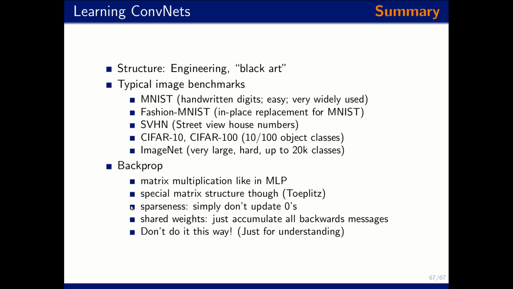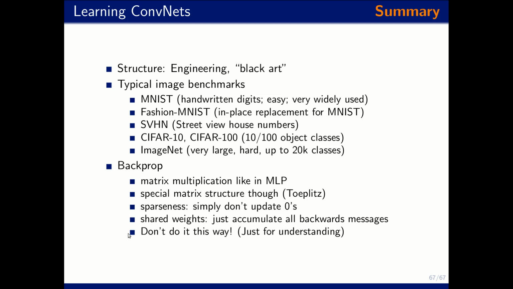And this Toeplitz structure is sparse, but we can simply respect this in learning, so just don't update the zeros. And the shared weights, we just saw this is simple. It just accumulates all these different backwards messages. And this was just for understanding, to connect back to these fully connected layers in MLPs.